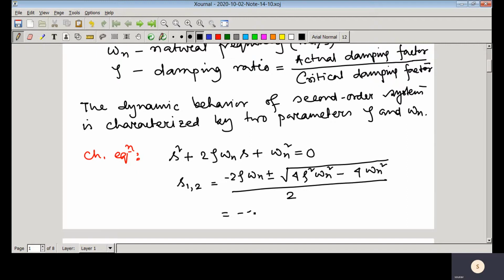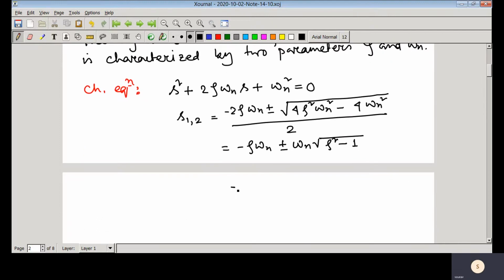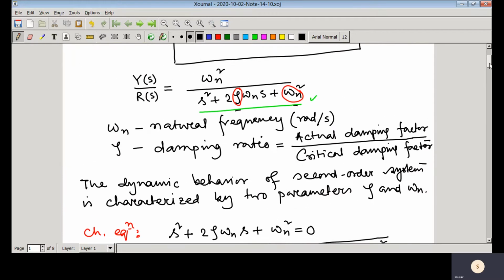So this one equal to minus zeta omega n plus minus, if we take 4 omega n square common, omega n root over zeta square minus 1. We can also represent it as minus zeta omega n plus minus j omega n square root 1 minus zeta square. So these are the two poles of this second order transfer function.